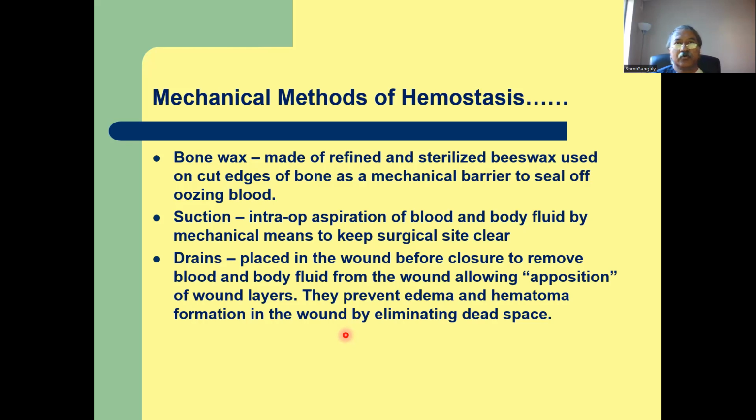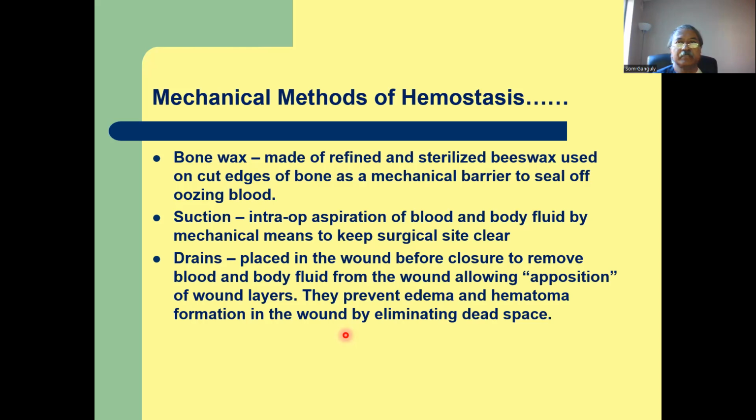So when they're closing the wound, they will place the drain and close the wound tightly. And the drain will then suction out or drain the fluid and the blood from inside that area where bleeding is active.